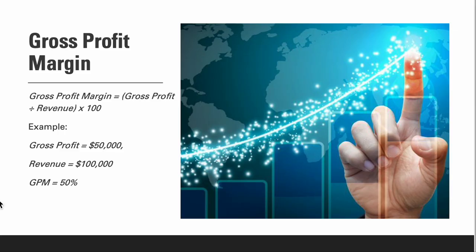First, let's look at gross profit margin. This ratio shows how efficiently a company produces goods compared to its cost of production. It's calculated as gross profit divided by revenue.